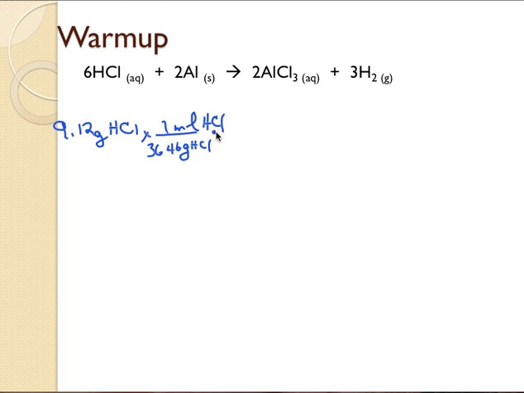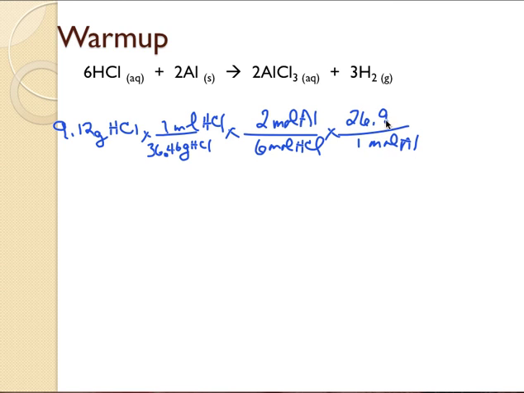That's hydrochloric. There's a point there. Times, for every 6 moles hydrochloric, I get 2 moles, or I need 2 moles of aluminum to react with it. And for every 1 mole of aluminum, there are 26.92 grams of aluminum. Solving for that, I should get 9.24 grams of aluminum needed.